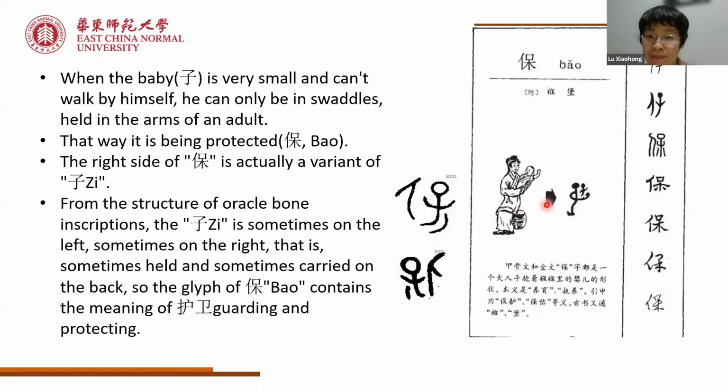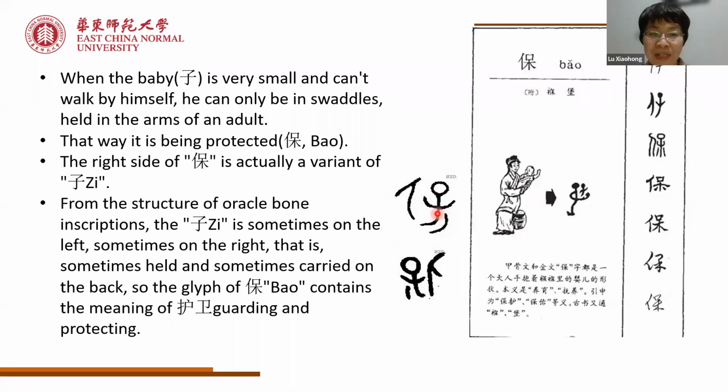But now we can protect the country. So here we mentioned 保. From the structure of oracle bone inscription, you can see 子, that is baby, is sometimes on the left and sometimes on the right.